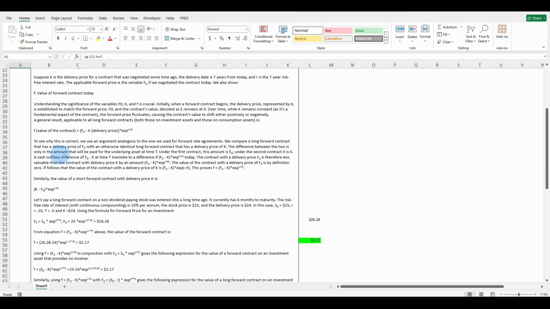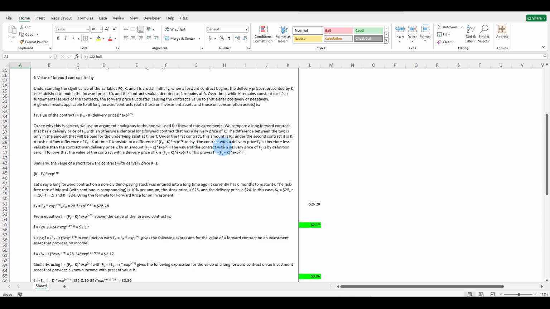The cash outflow difference of F0 minus K at time T translates to a difference of F0 minus K, times e to the power of minus RT, today. The contract that has a delivery price F0 is therefore less valuable than the contract with delivery price K by an amount F0 minus K, times e to the power of minus RT.